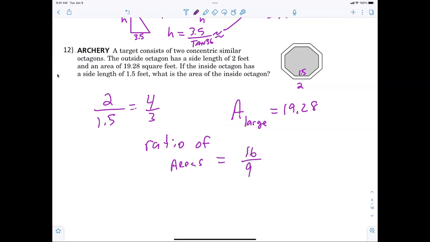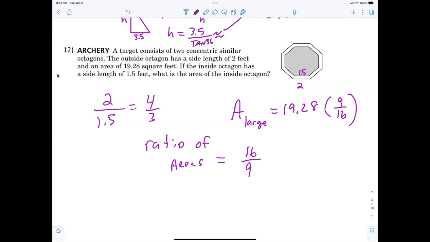Now, we're given the ratio, we're given the area of the what? Large. We need to find the area of the smaller, and has to do with 16/9. So do I take 19.28 and multiply it by 16/9, or do I multiply it by 9/16? Yeah, you multiply by 9/16 because you want it to be smaller, right? So just 9/16.